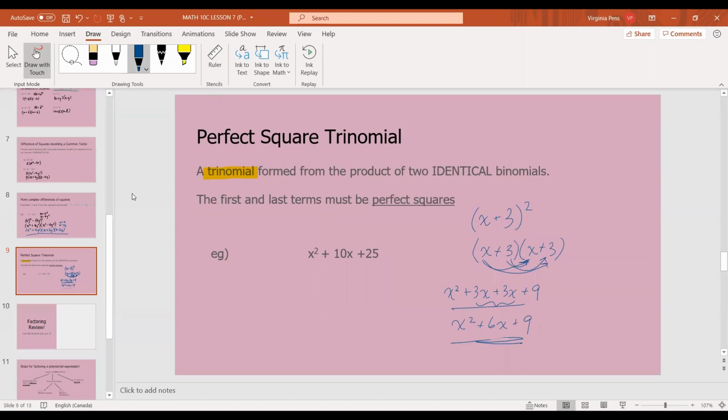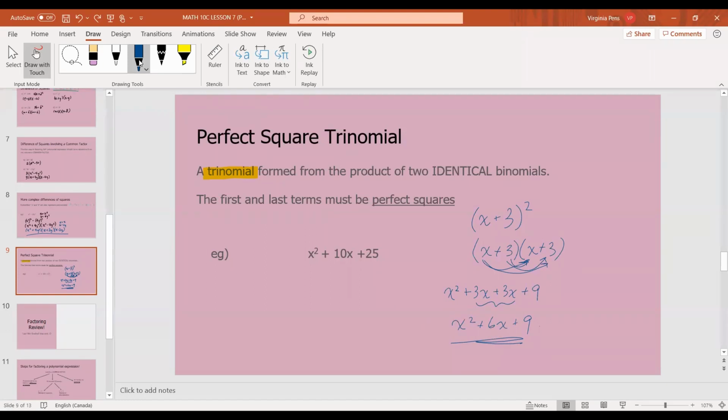So this is what it looks like when we have a binomial squared with a positive sign. That's why I said earlier that a difference of squares only has a negative sign, because positive signs will result in a trinomial. Over here, we can see something that resembles this, except with a different number.